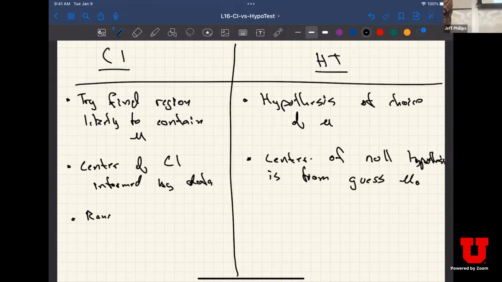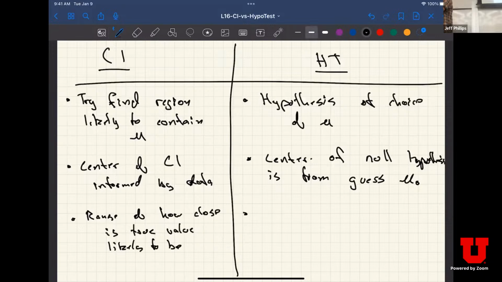So this gets a range of how close the true value is likely to be, and this says how likely is mu zero to be like the true value.